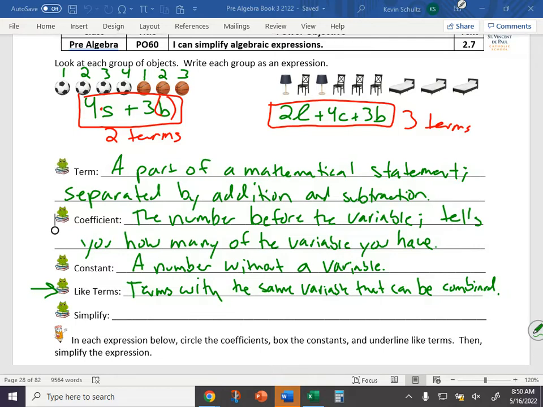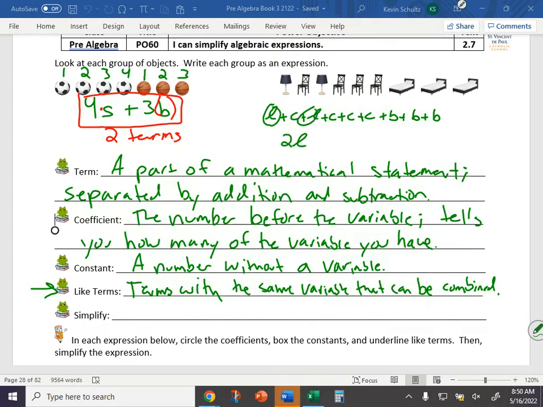I could have written this expression up here to say, well, I've got a lamp, plus a chair, plus a lamp, plus a chair, plus a chair, plus a chair, plus a bed, plus a bed, plus a bed. But that's kind of long and complicated. So I simplified. I combined like terms by saying, well, how many lamps do I have? 2 of them.